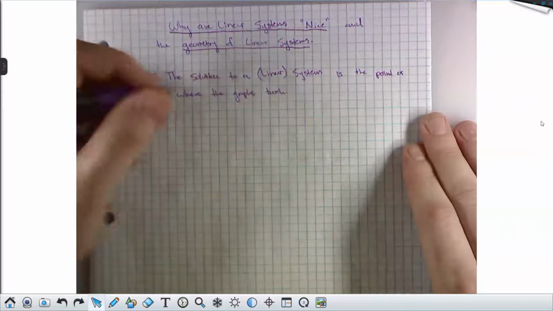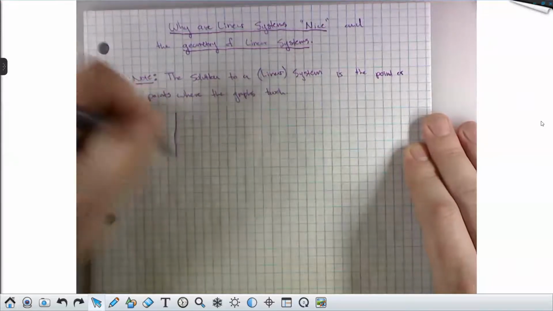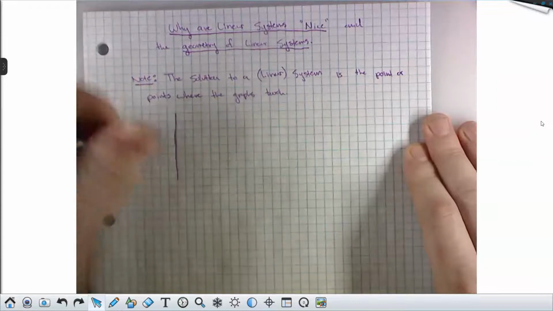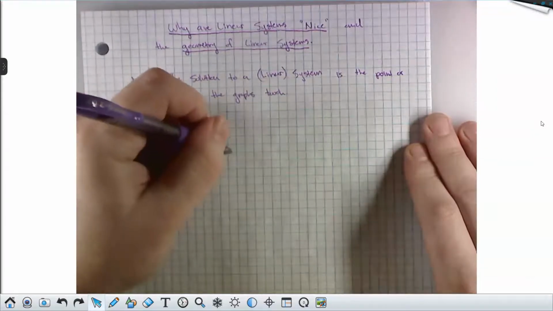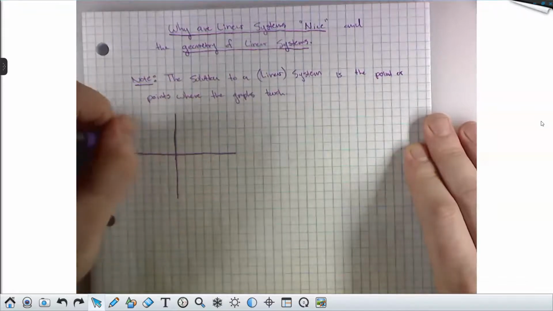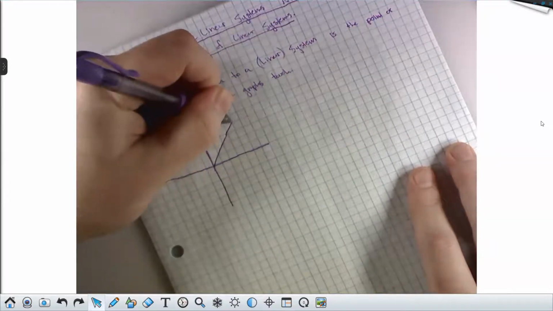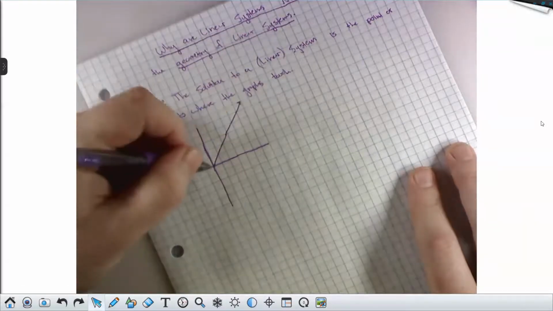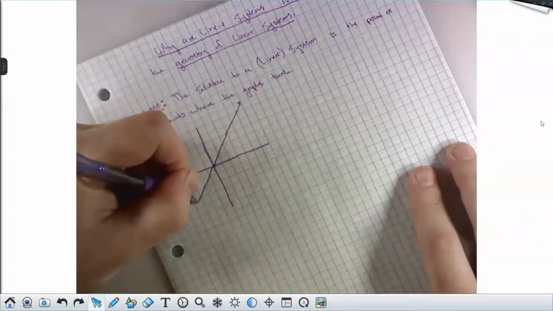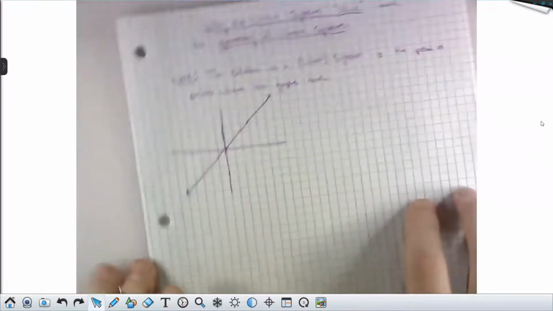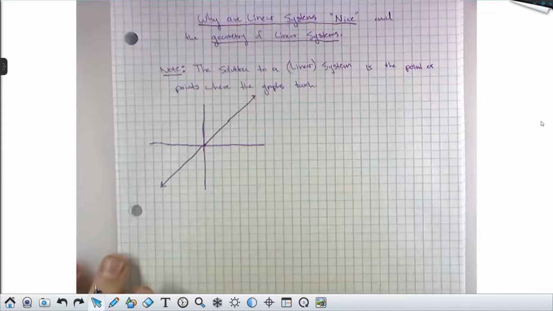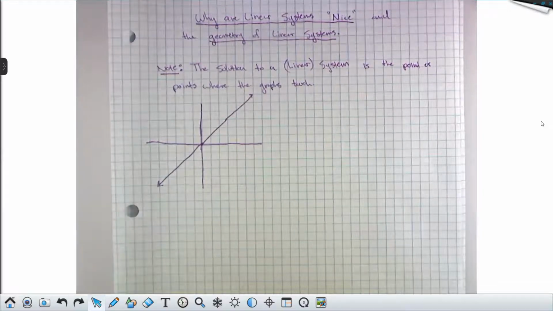So if you think about that last system, we had two equations. One of them, x minus y equals 0, is the same as y equals x. So that line looks like this. The other one, which is 2x plus y equals 3, is the same as y equals negative 2x plus 3.